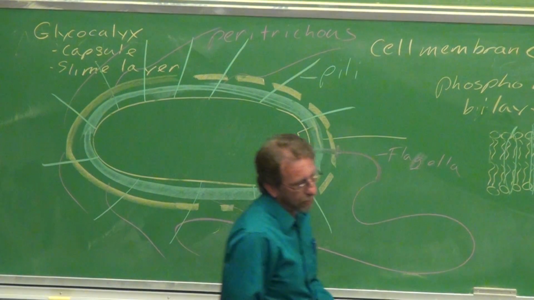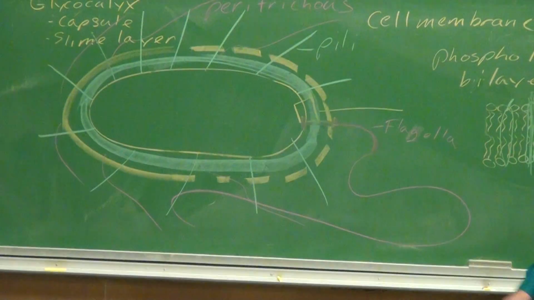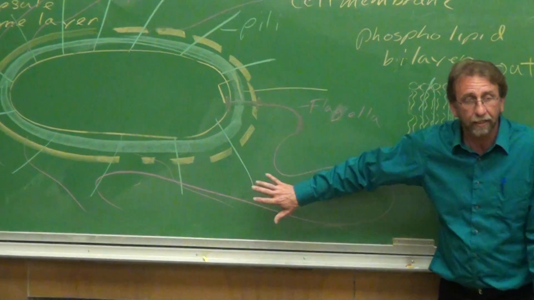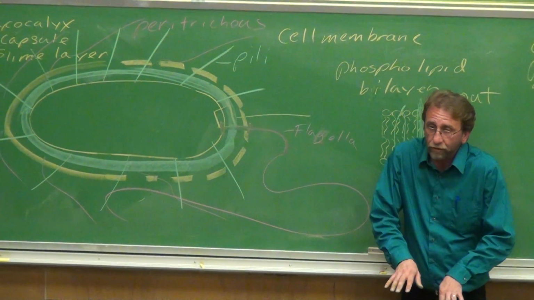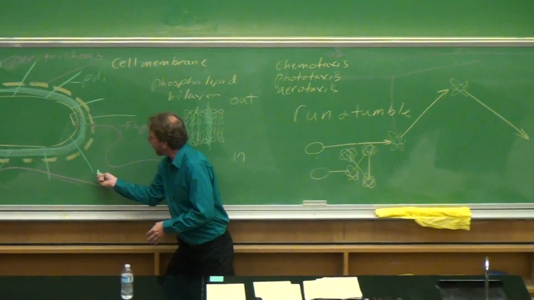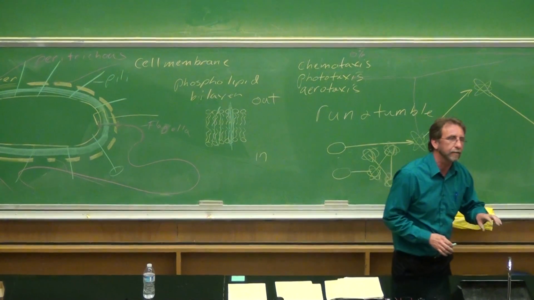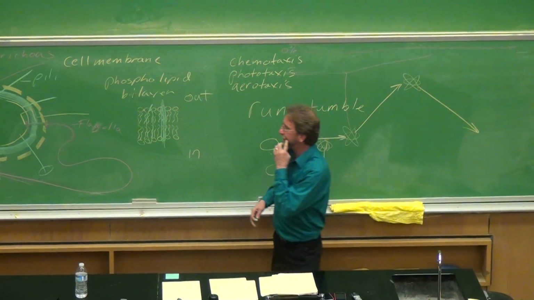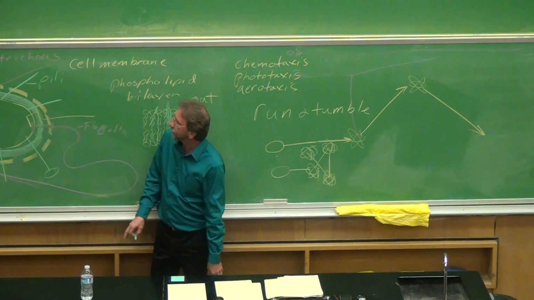Pili are extensions, shorter and thinner than flagella, but they serve a number of purposes. They can serve as an attachment site, either to a surface or, in a lot of cases, it's the end of these pili that adhere to surface receptors on cells that then allow them to infect those cells. So a lot of times attachment is taking place at the pili.